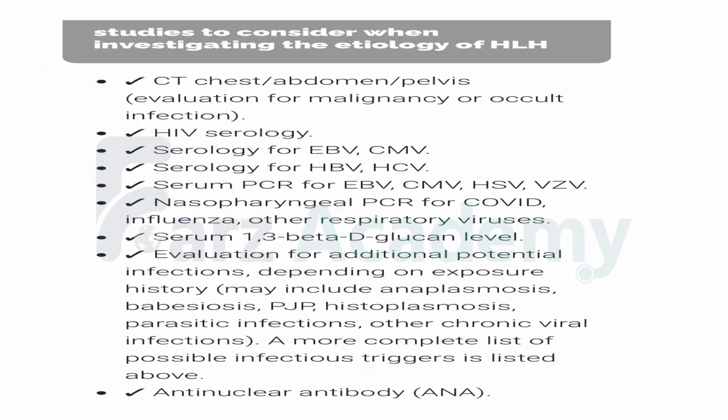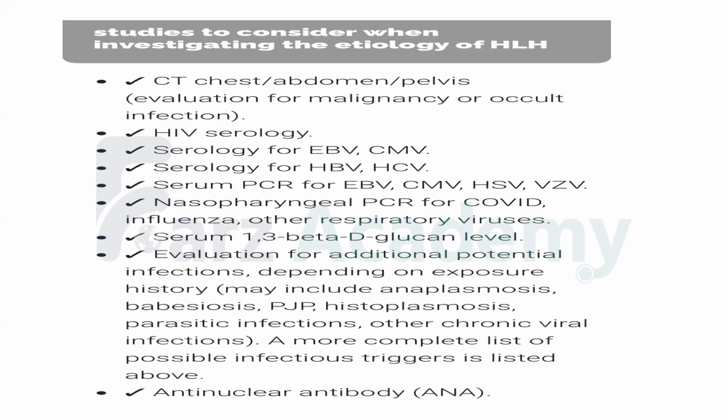Whenever you are suspecting HLH, what battery of investigations do you need to get done? It is all the routine blood tests that you do in any sepsis patient. And for source control, anyway, you'll get your CT chest, abdomen, pelvis.